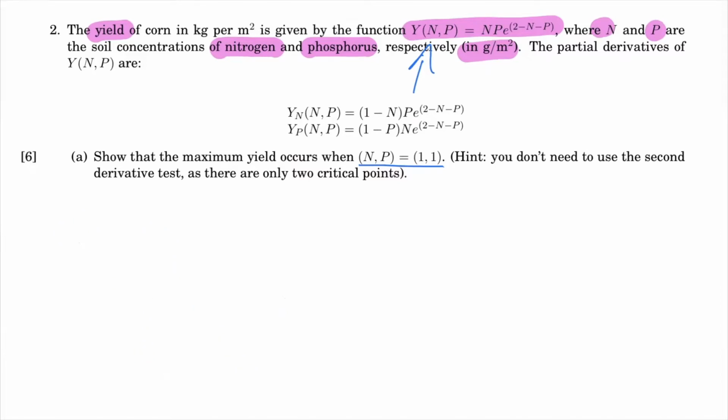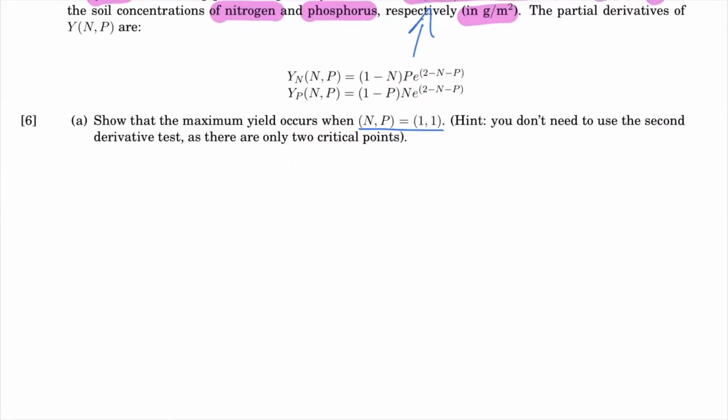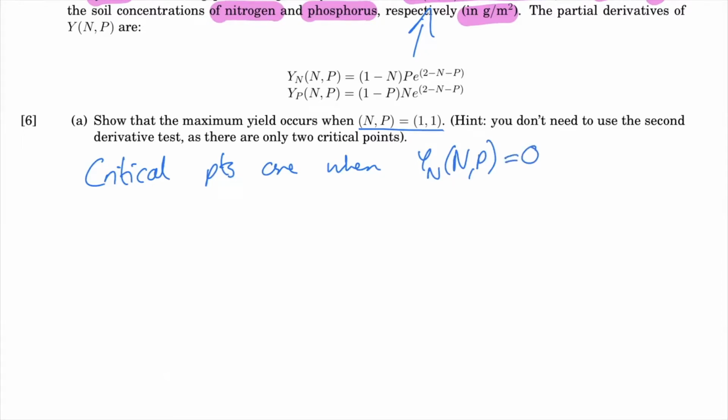Okay, so let's start by, first of all, setting our partial derivatives equal to 0. So our critical points are when we simultaneously have y sub n is equal to 0 and y sub p is equal to 0.